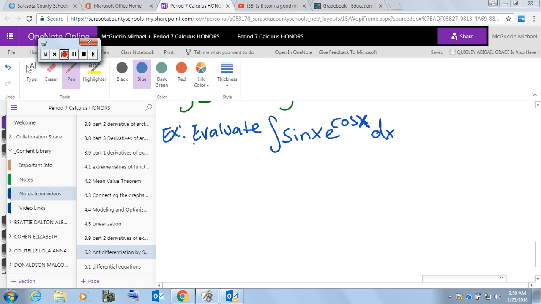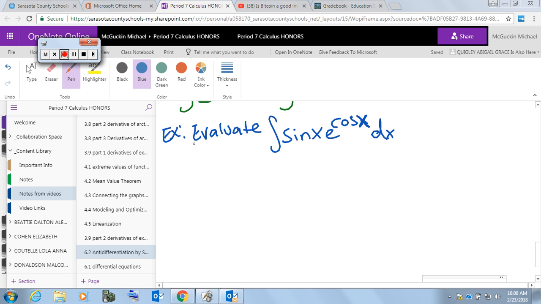Now, I look at the function e to the cosine of x. That is an integral of e to the x with a different value for x, right? The good thing about e to the x is that the derivative is e to the x, and the antiderivative is e to the x as well. So I want to use that in my favor, because look at what's not x.